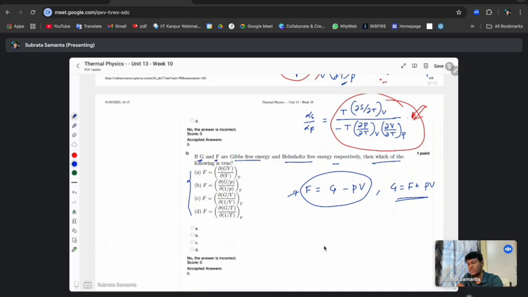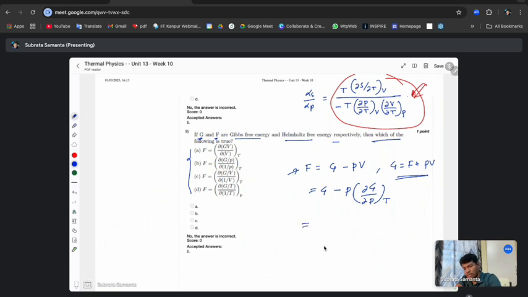So F equals G minus PV, and now V is related to del G over del P at constant temperature. So volume is basically related to the derivative of Gibbs free energy with respect to P at constant temperature.